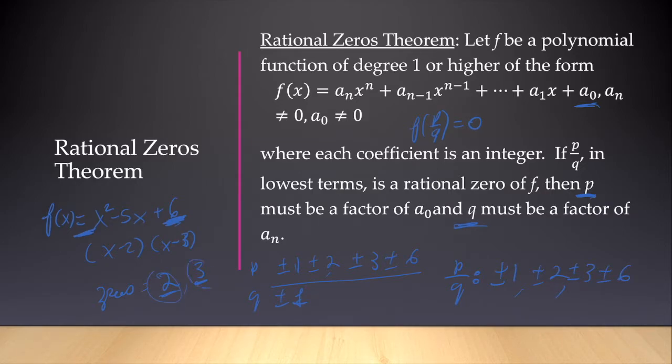Well, 2 and 3, which are the zeros of the polynomial, are indeed factors of a naught and of the form p over q. So we're going to practice finding all possible rational zeros and then substituting those in to determine which ones are truly zeros.